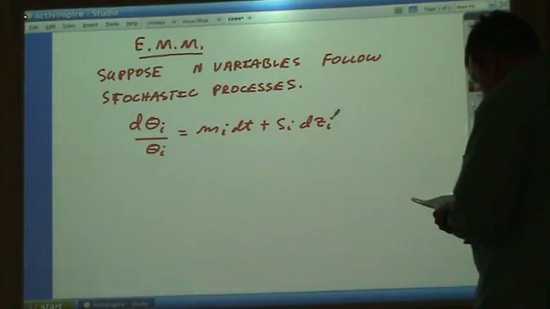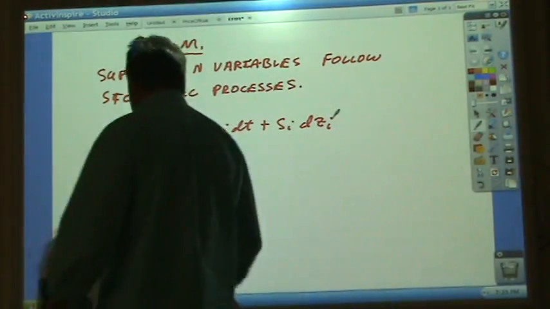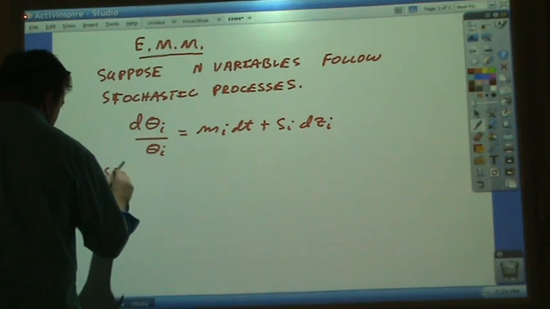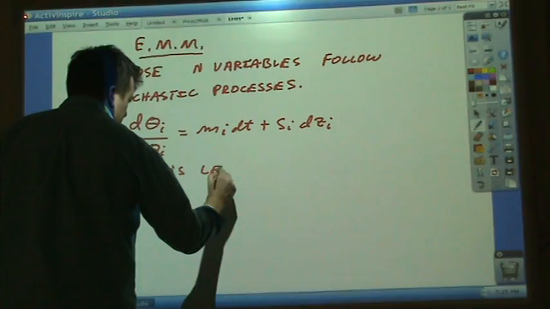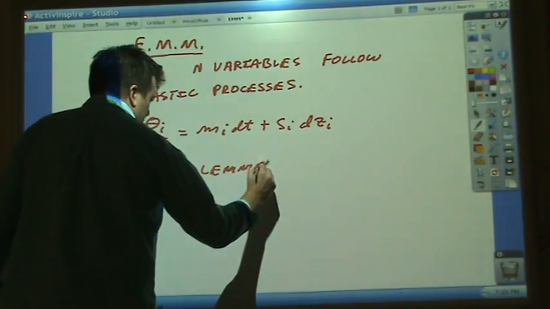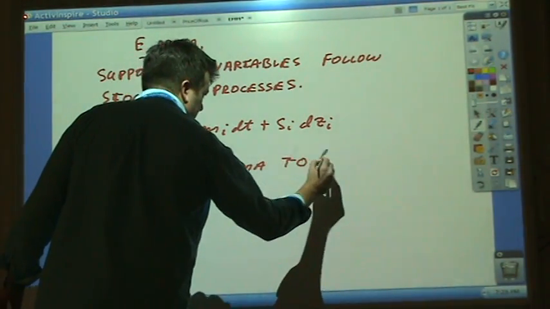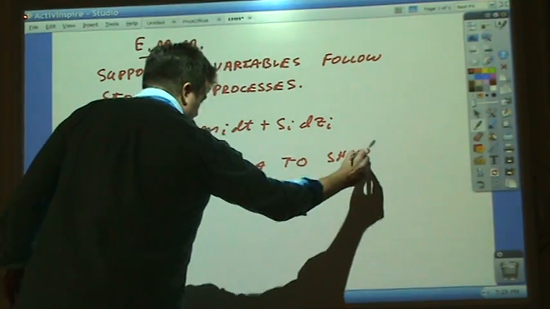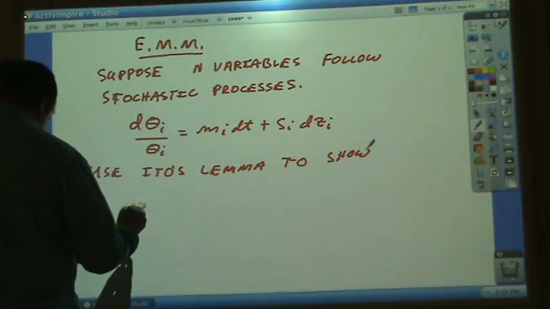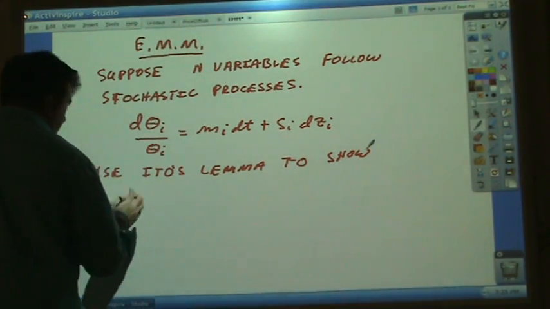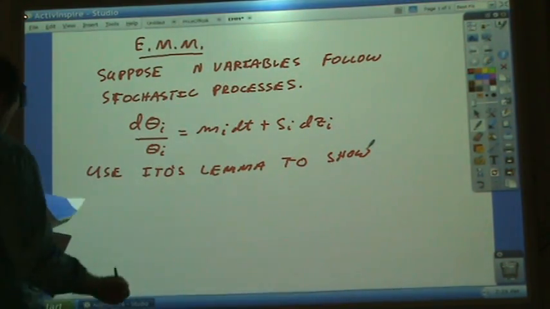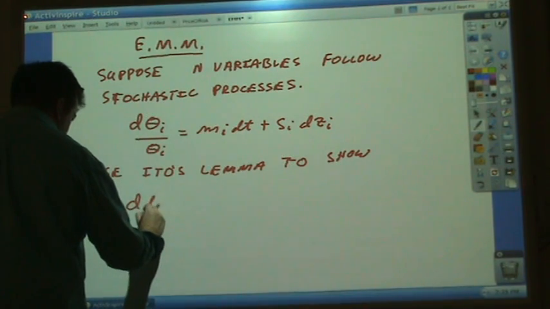Okay, so then we can use Ito's lemma to show that a derivative that derives its value from all of these thetas would have this process.